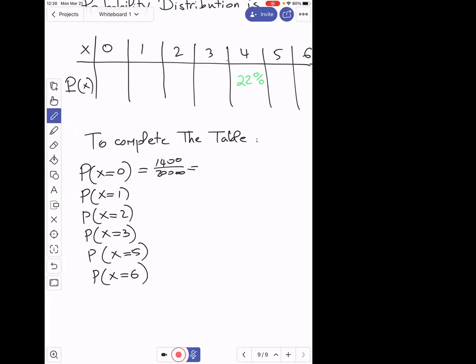That would be 0.07, which is 7%. For x equal to 1, I think we have 2,600 people with boredom level equal to 1, over 20,000. So that's 0.13, 13%.